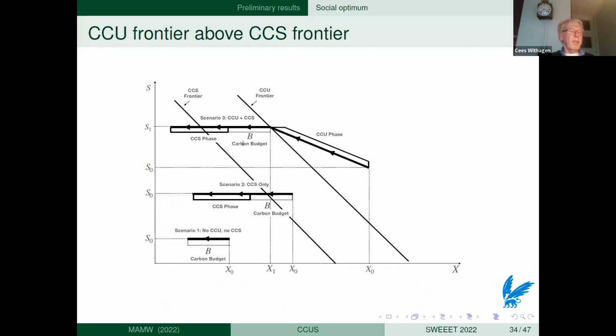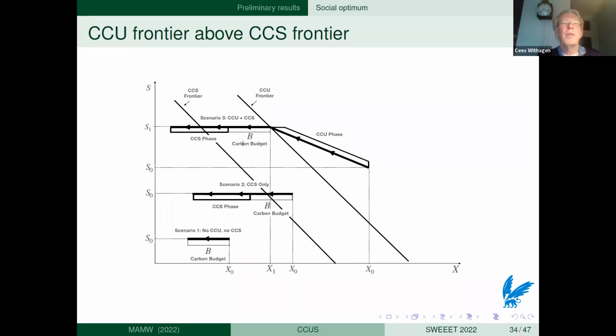And it's nice maybe to sketch what is going on by means of this picture. It looks very complicated, but it's not so complicated. This was initiated by Michel Moreaux, who likes very much to have the total picture in the diagram where we have initial stocks on the axis.